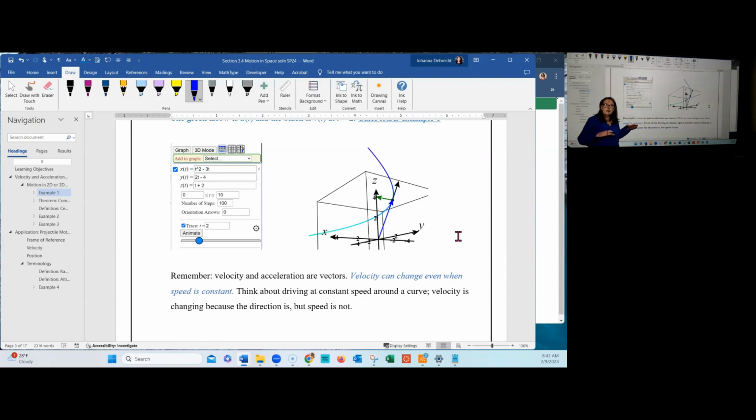If you're driving around a curve, but you maintain the same speed around the curve, say 60 miles per hour, you're still changing velocity because you're changing direction, right? So again, your speed is a constant 60 miles per hour, but your velocity as it changes direction changes.